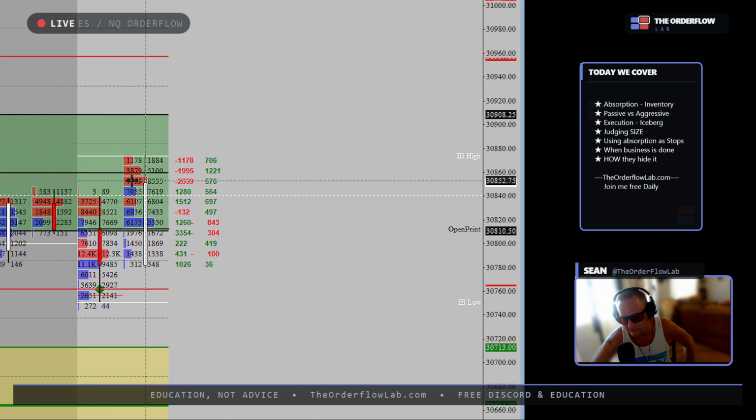We had a really weak sell print. They absorbed. You see how they pushed more? Everybody bought this breakout now over 50, right?